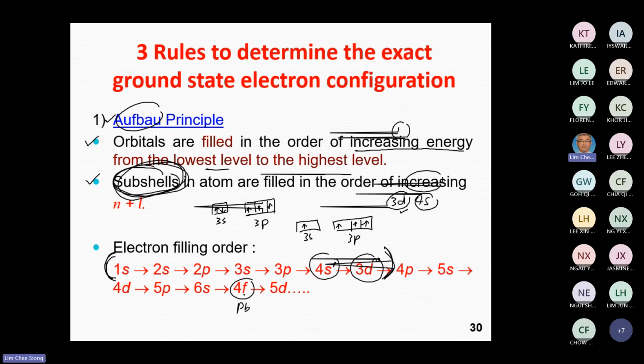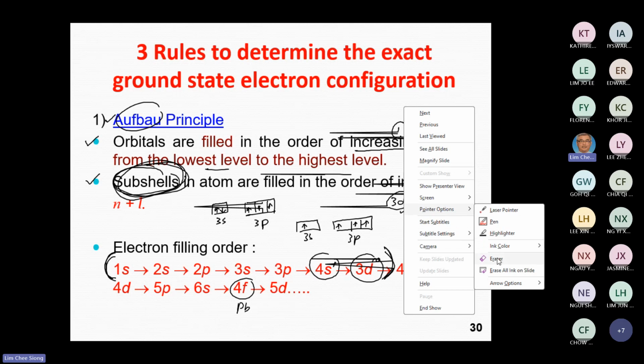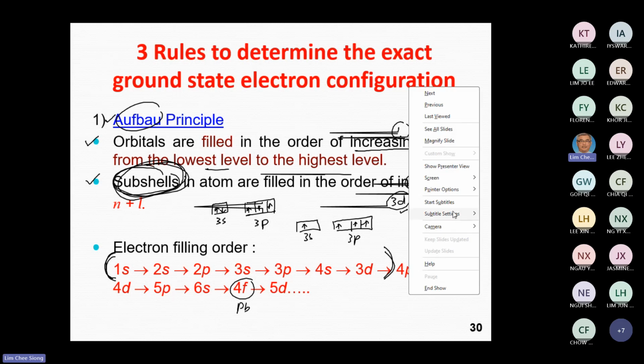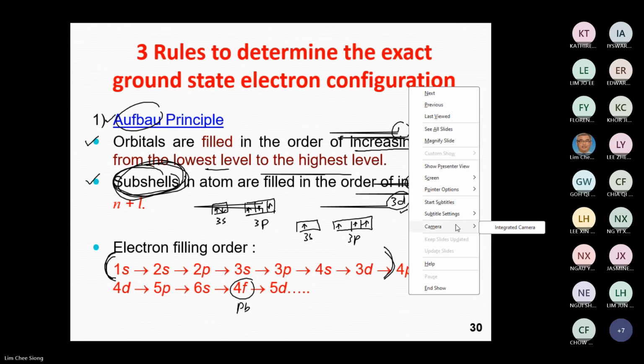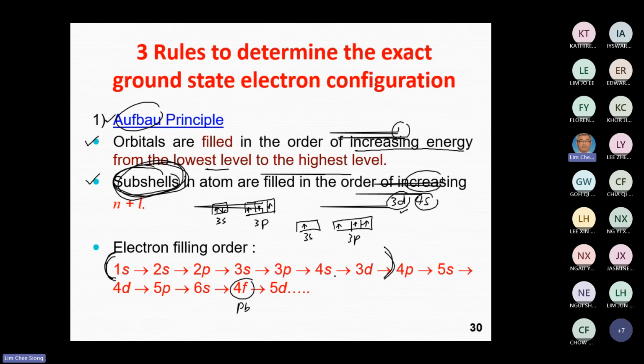Only one. But don't worry, it only shows you the reason that tin, we call the lead, is considered non-stable. Just remember it. Okay, now we proceed. Any problem about the Aufbau principle so far? No? Okay, now we proceed.